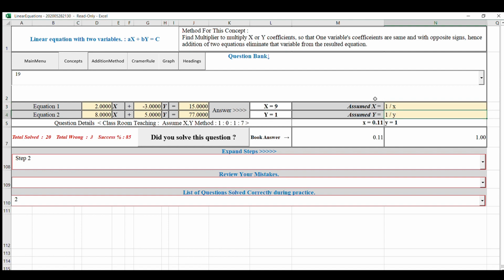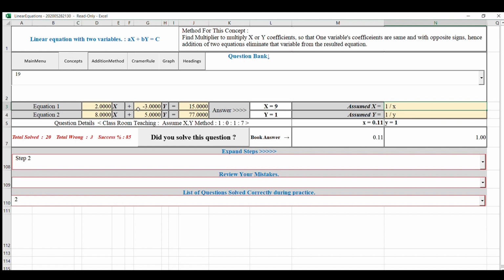So n3, n4. Do you see? Here it is assumed x is equal to 1 upon x and y is equal to 1 upon y, because the original equation was 2 divided by x minus 3 divided by y is equal to 15.